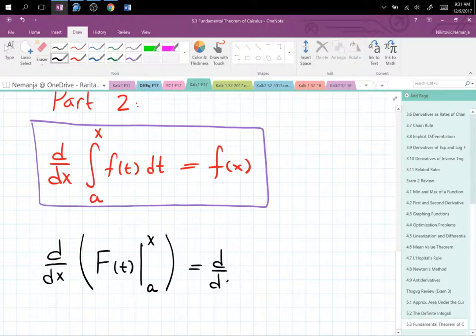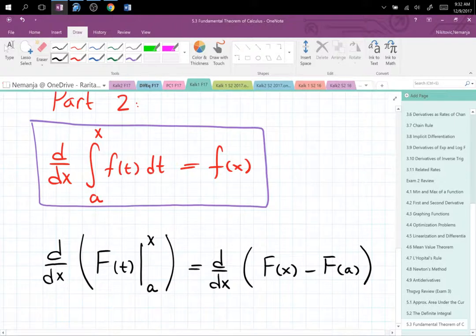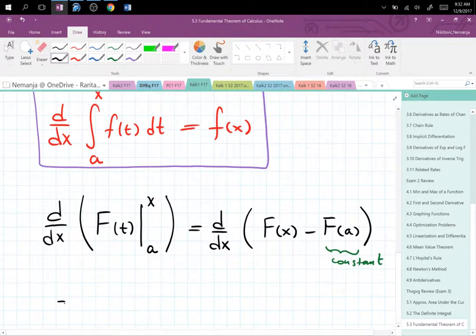So now I have the derivative applied to what we have as F of x. You plug in the upper limit first, minus F of a, which you plug in the lower limit. Now that a is a number of some kind, so we see that this part over here ends up being constant, right? So now when you apply the derivative, you have d dx of F of x, and then you have minus 0, because the derivative of a constant is 0.